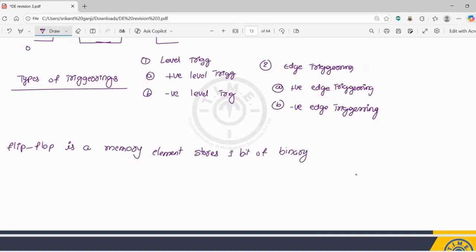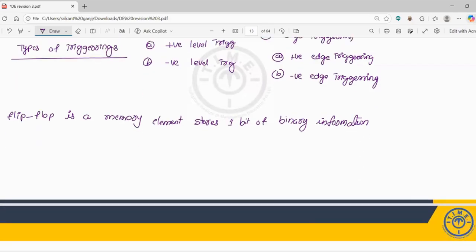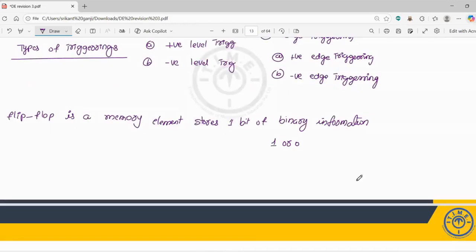It stores one bit of binary information. So it has two states, either 1 or 0. Now I am going for the clocked SR flip-flop.